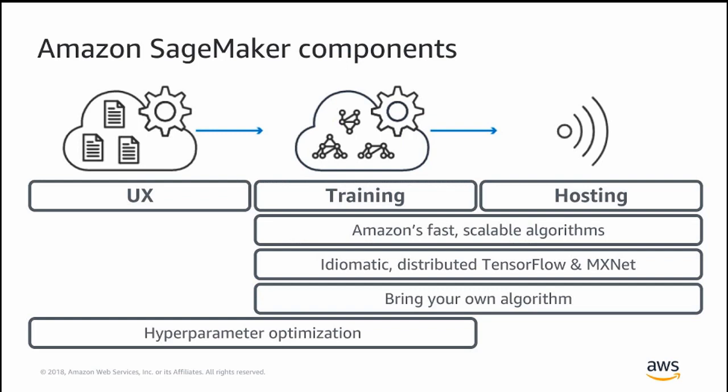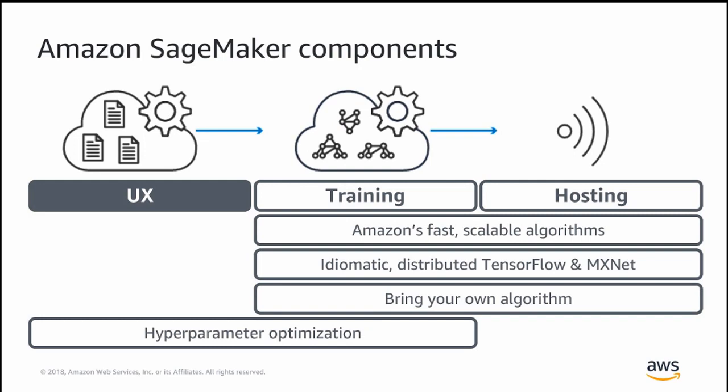On top of these three main components, we've added several layers, such as Amazon's fast and scalable algorithms, which are custom implementations that Amazon has built for common machine learning algorithms, idiomatic and distributed support for TensorFlow and MXNet, and the ability to bring your own algorithm. We also have a service called hyperparameter optimization in preview. Hyperparameter optimization is a new technique which seeks to explore the hyperparameter space of a machine learning model to provide optimal fits in an automated way.